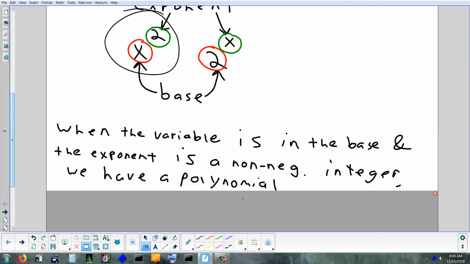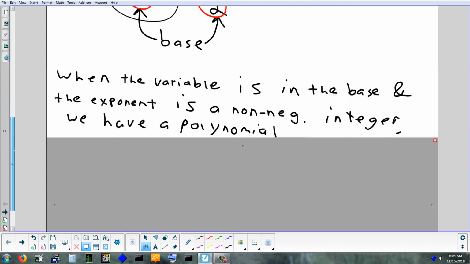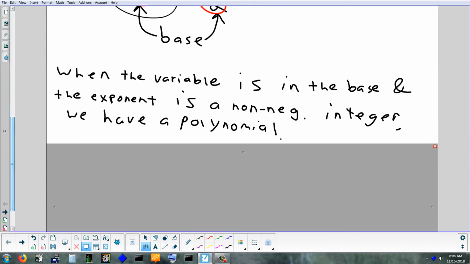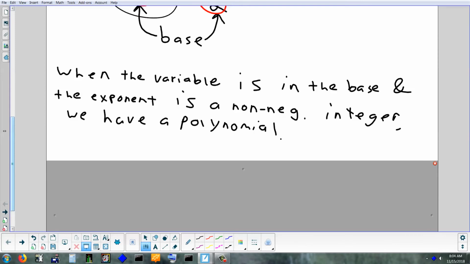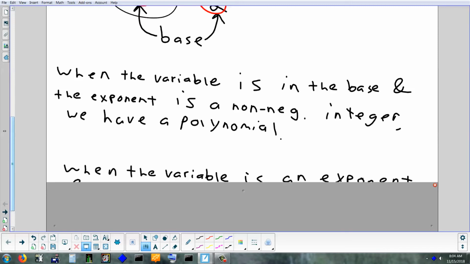But the point is, anything that fits this description is a polynomial. We studied polynomials back in chapter 2 or 3, and we did all kinds of things with them. We found where they're increasing, decreasing, local min, local max.